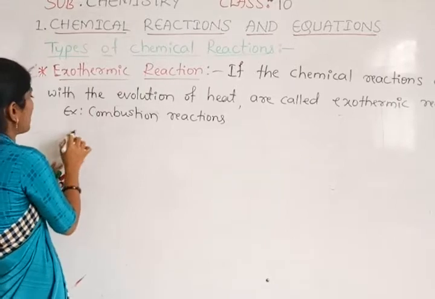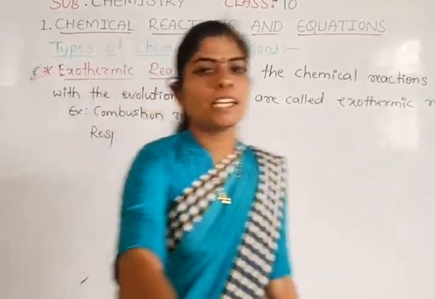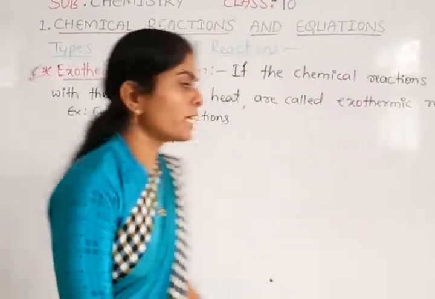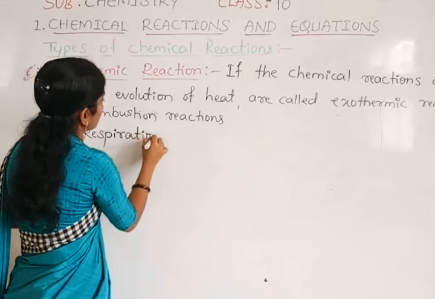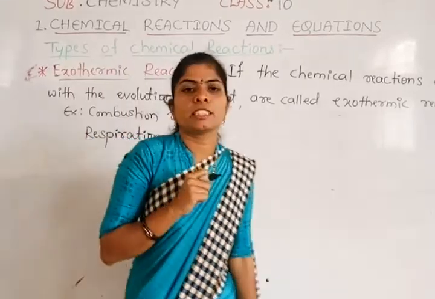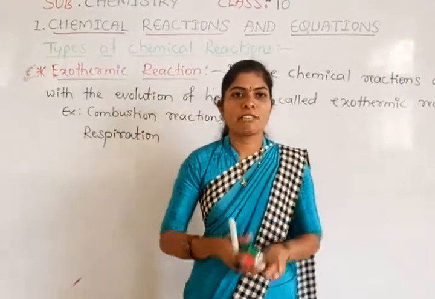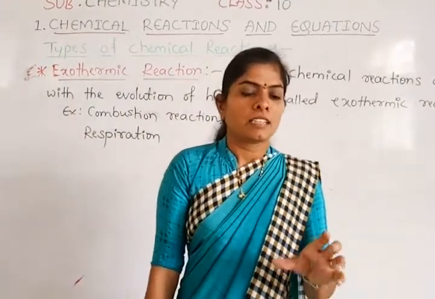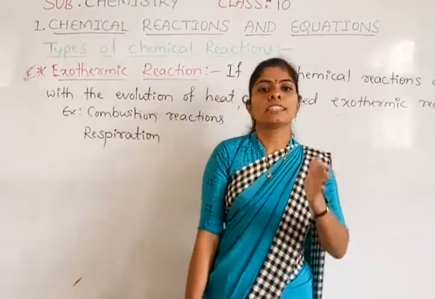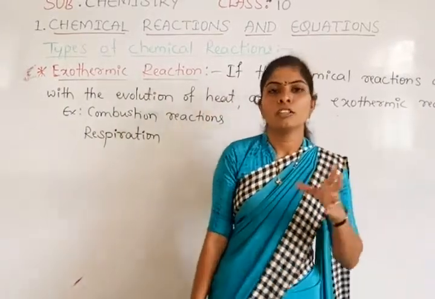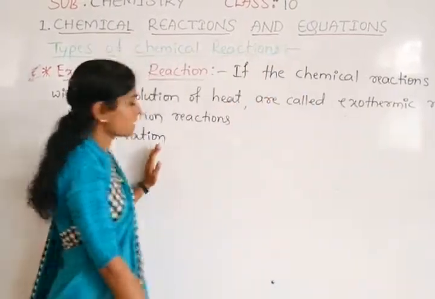And other than that, I can also say respiration. Here in the respiration process, what happened? Respiration means taking in oxygen and using that oxygen to break down the food and to release the energy. That process we call respiration.